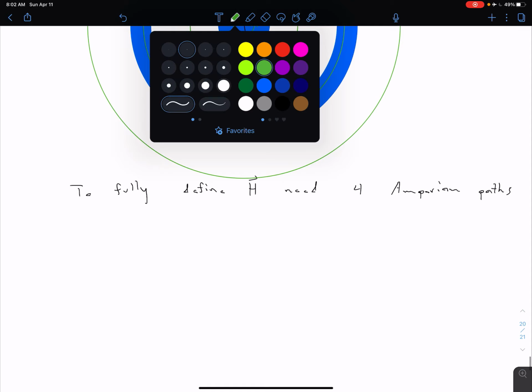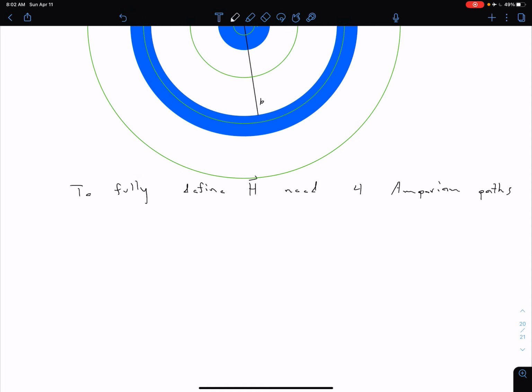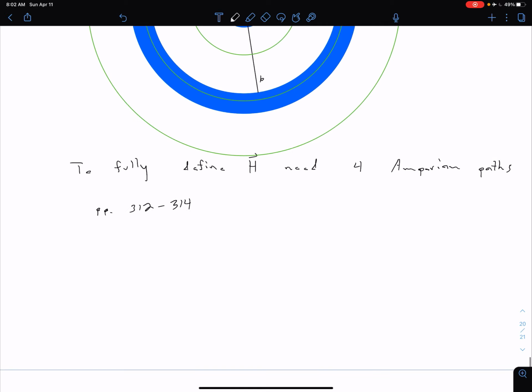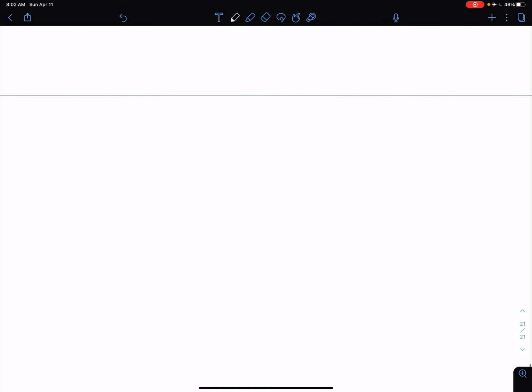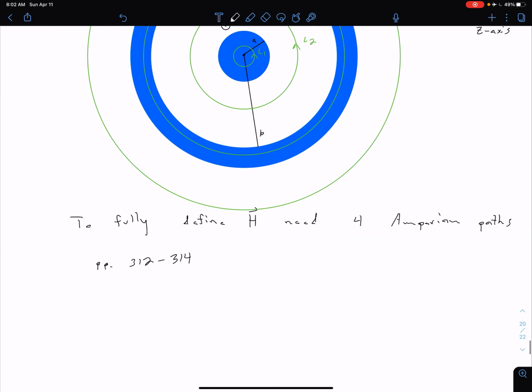Again, we're not going to go through this. If you want to see more details about how to solve for this, you can look on pages 312 to 314 in the textbook, but the end result is that we're going to have different H in each of those 4 regions. So our H, our magnetic field intensity, is going to be equal to, depending on the region, something different. Let's talk first about that inner conductor.